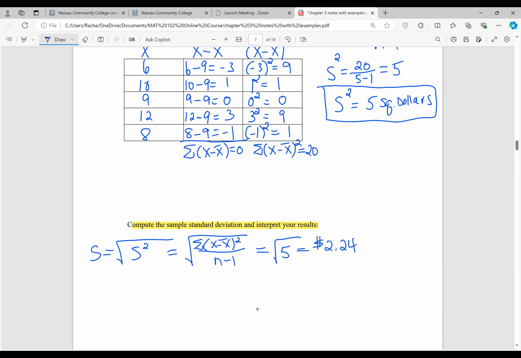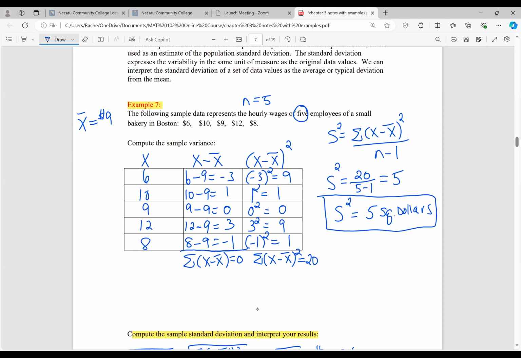What's $2.24? Well, look, we have a data set here of hourly wages, and the mean is $9 an hour, right? We calculated X bar to be $9 an hour. But there's deviation or variability from that $9 an hour. Not everybody makes $9 an hour. Some people make 6, some people make 10, some people make 9, some make 12, some make 8.